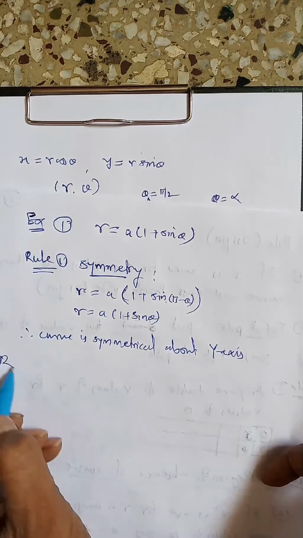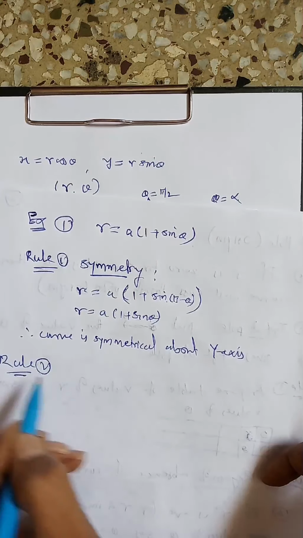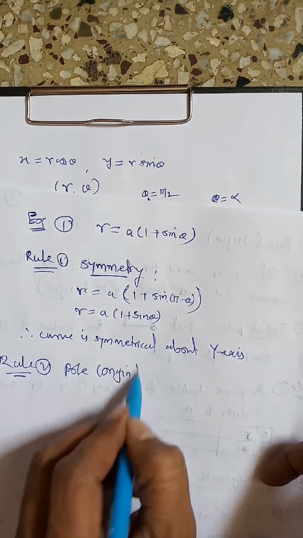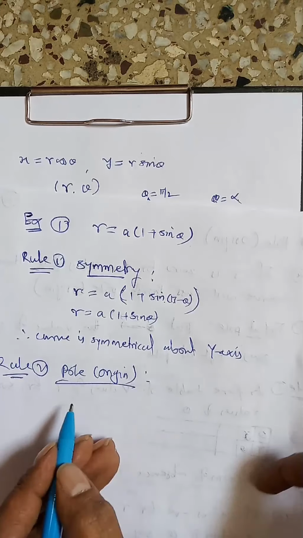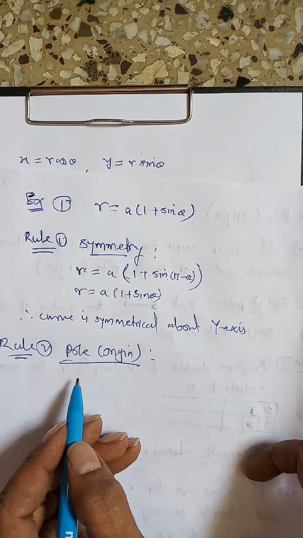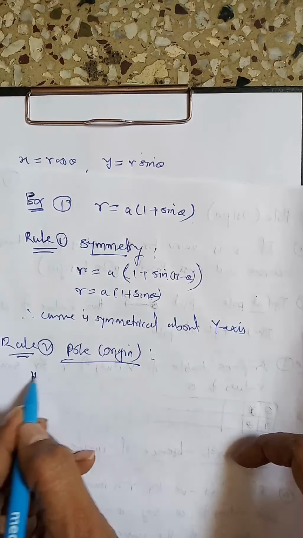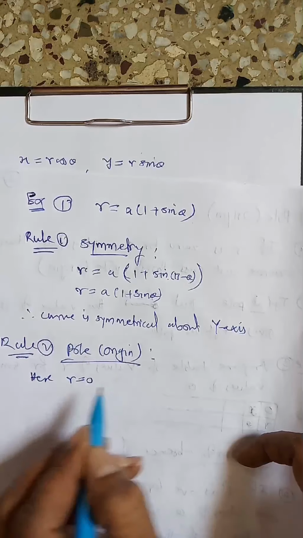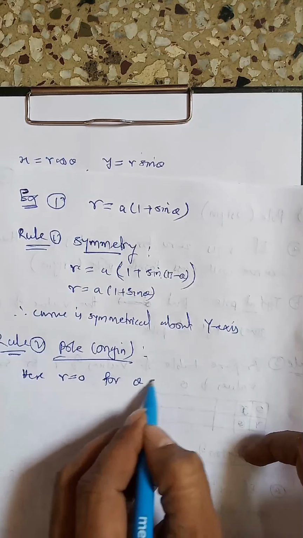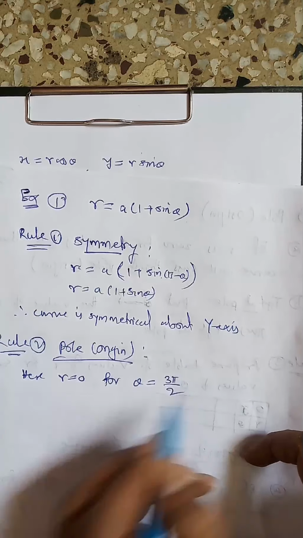Now, rule 2 is about the pole, or you can say the origin. So we'll check whether r is 0 for some values of theta or not. So here r is 0 for theta equals 3 pi by 2.